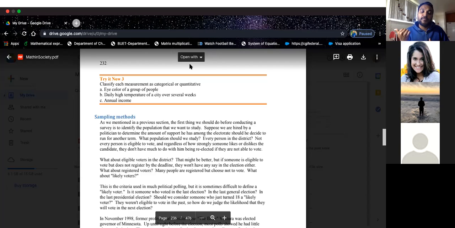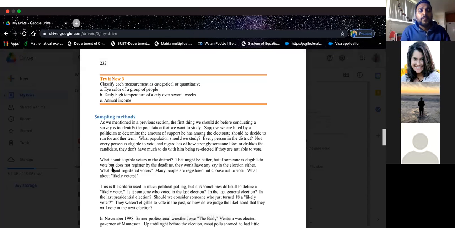People from outside can't really vote for Laramie, right? So that's the first thing. But is it enough? No, not all the citizens can vote, right? Or not all the citizens will vote. So the next thing you need to consider is how many voters are there, right? That means how many eligible voters are there.